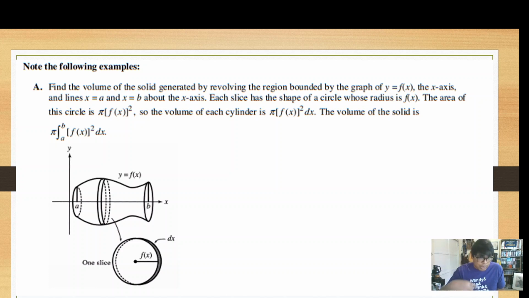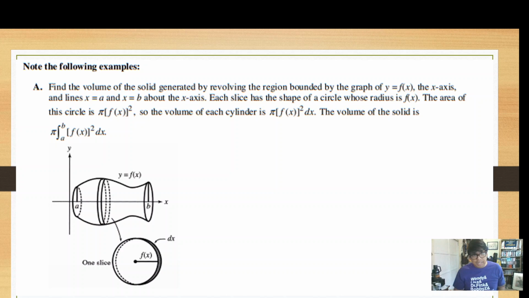That's what happens when you revolve things. So the area of the circle is pi multiplied by f of x squared. And so the volume of each cylinder is pi f of x squared, and the volume of the entire solid, all those cylinders stacked up together, would be an integral of pi times f of x squared.